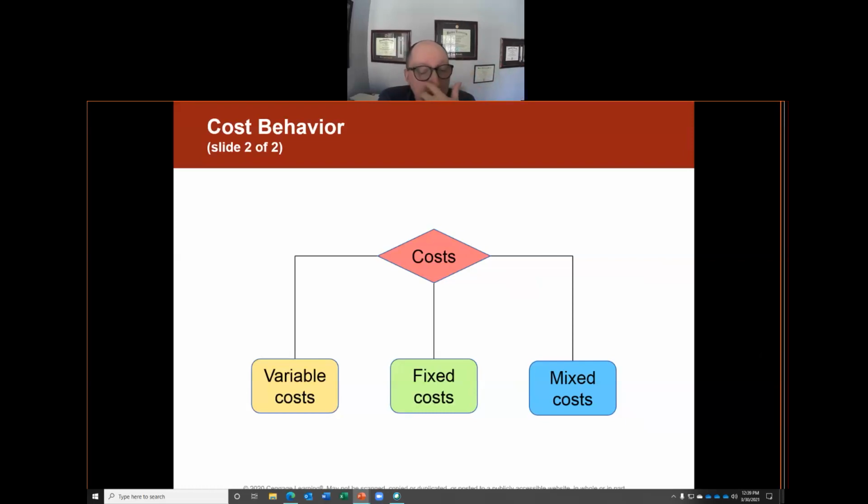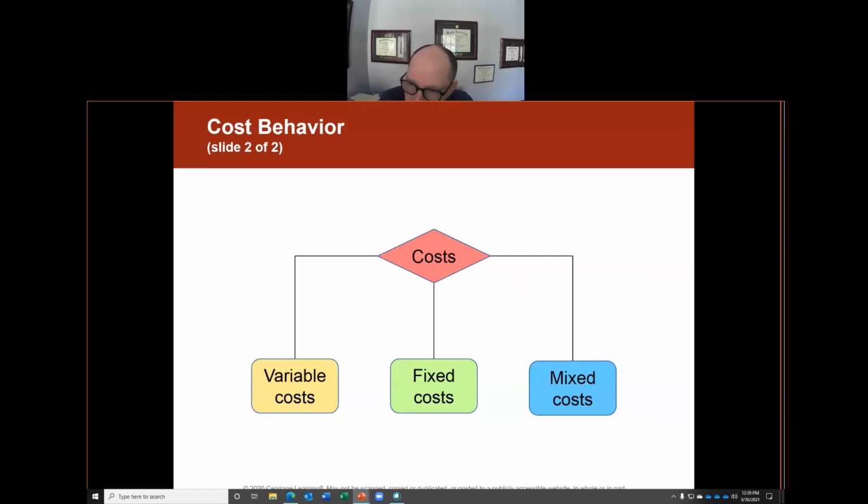Okay? Fixed costs are costs that do not change regardless of the level of output. Examples of fixed costs would include things like certain parts of factory overhead, like depreciation expense, rent expense, supervisor salaries. These are fixed costs.